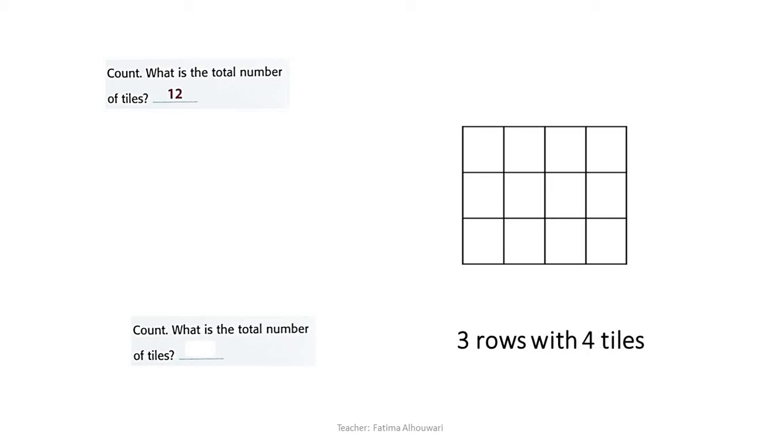Now let's count up how many tiles we have in all in this array. Since we have 3 rows of equal length, we can use skip count to find the total, or repeated addition like this. 4, 8, and 12. We have 12 again, 12 tiles.